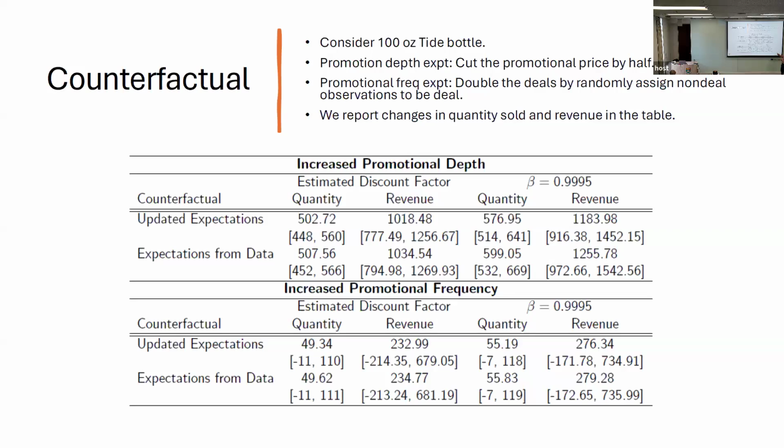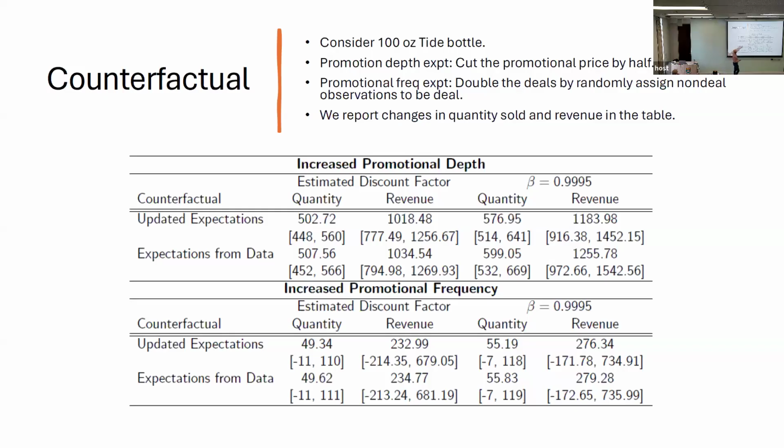So to be more precise, what we do in this table is that we consider 100 ounce bottles. When we do the increased promotional depth experiments, we essentially cut the promotional price by half, so double the discount. And for the promotional frequency experiments, we double the deals. That is, for the periods when there's no discount, we randomly assign some of those observations to the promotional periods.